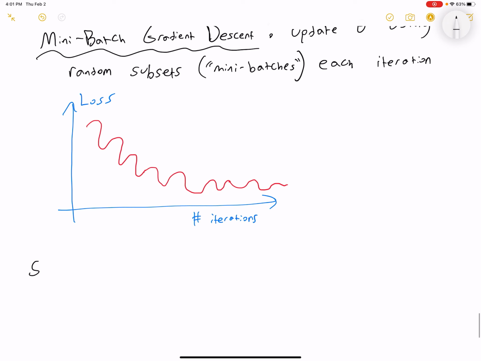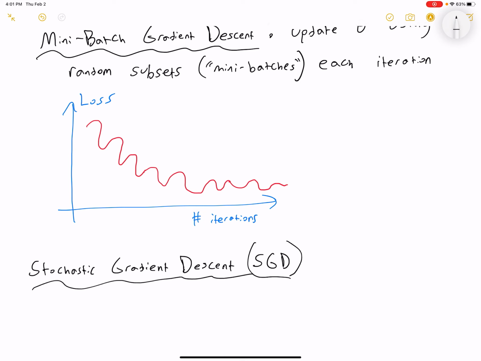But finally, we have stochastic gradient descent. People often abbreviate this as SGD, so I'll do that here. When you see SGD, that's what it means. Stochastic gradient descent is where you update theta using one data point per iteration.